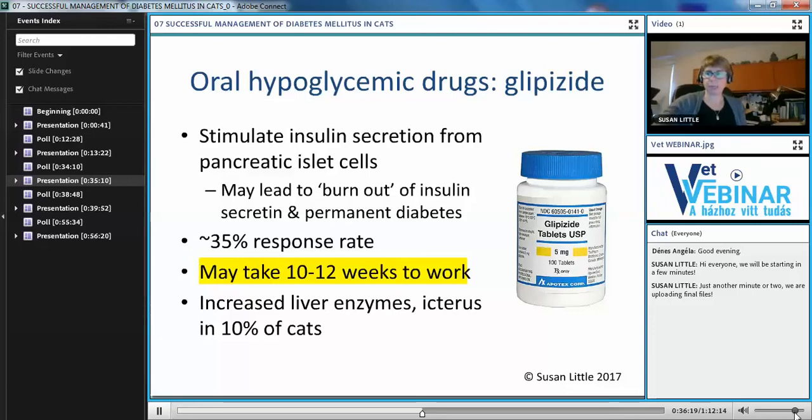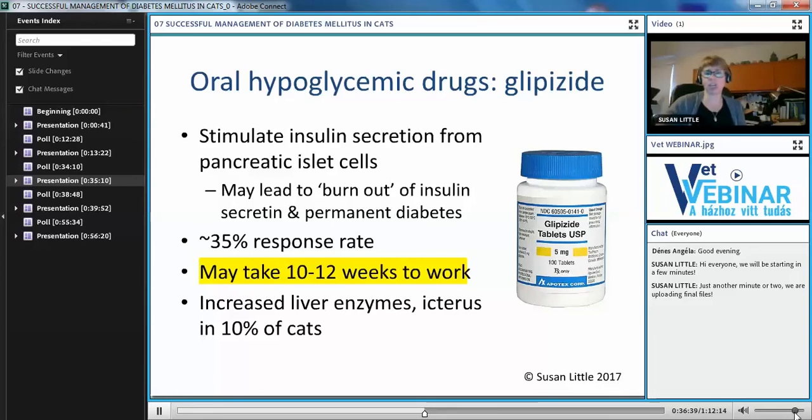They would really be something that I would use only as an extreme last resort, because the track record is so poor. Other drugs have been tried. Some of the other human drugs have been tried in cats, and none of them have any good track record in cats.